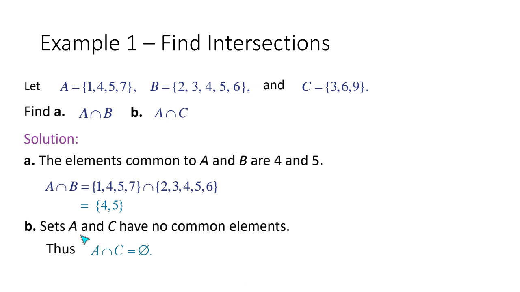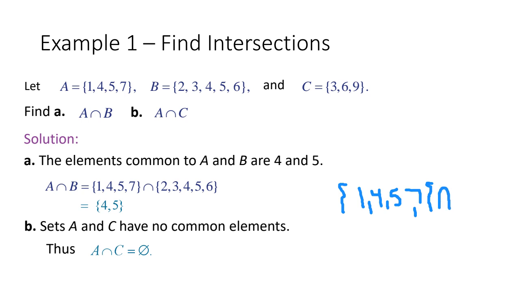So for letter B, we have A intersected with C. If we were to write down our sets, let me go ahead and do that here. For A, we have 1, 4, 5, and 7. And then for intersected, I'm going to write my symbol.